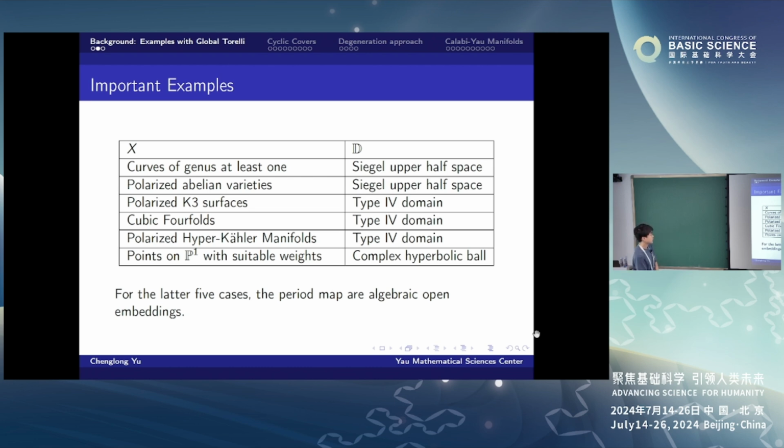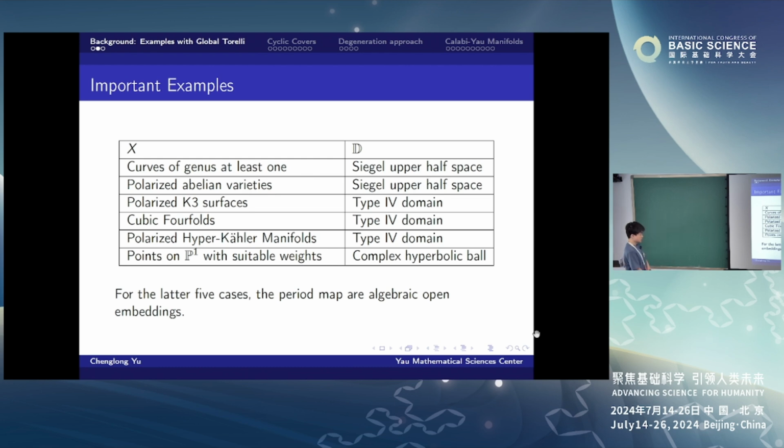The next one is cubic fourfolds. So you consider a cubic equation defined in P^5, then you will have some Fano variety called cubic fourfolds. And it turns out the middle cohomology also has a Hodge structure giving you a type IV domain. And this is closely related to K3 surfaces, or more generally, hyperkahler manifolds.